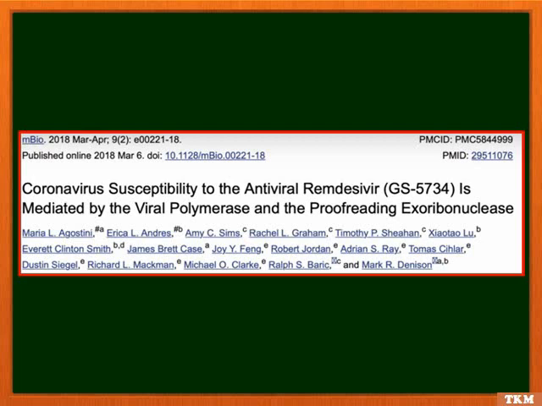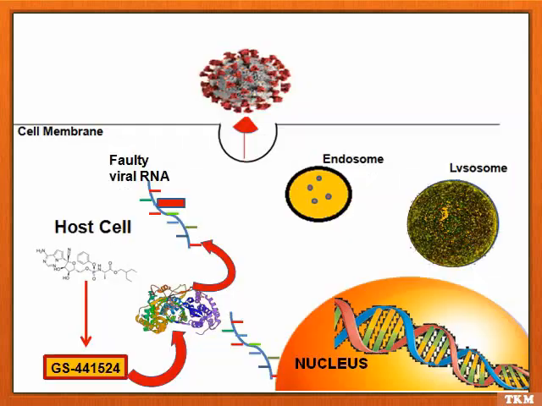So there are again a few research papers. Coronavirus susceptibility to antiviral remdesivir is mediated by viral polymerase and the proofreading exoribonuclease. Now we'll see what this exoribonuclease is. This mechanism we studied: remdesivir enters the host cell and gets converted into GS441524, that's a prodrug, and it mimics one of the nucleosides.